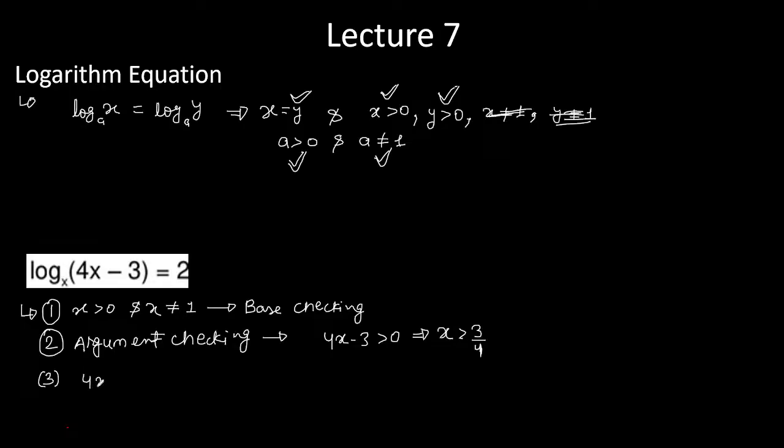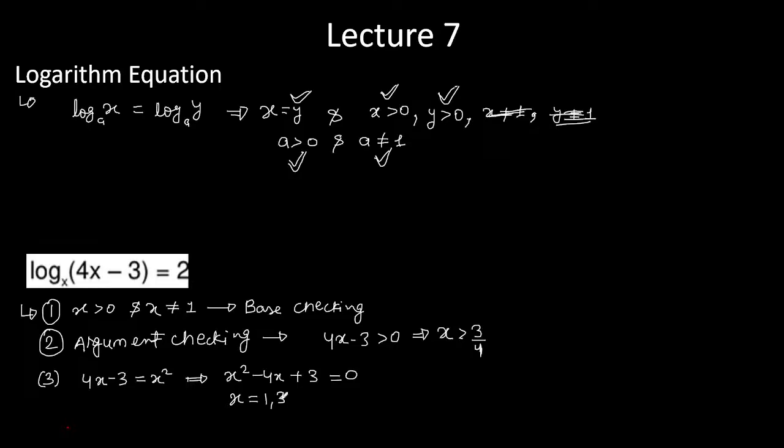So we can say that 4x minus 3 is equal to x square, which implies x square minus 4x plus 3 equal to 0. From here we can say that x is equal to 1 and 3.